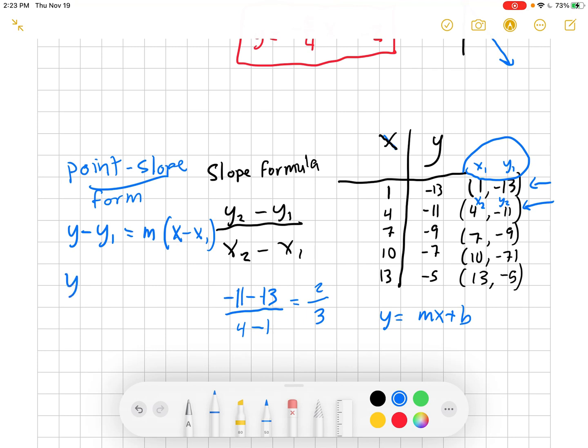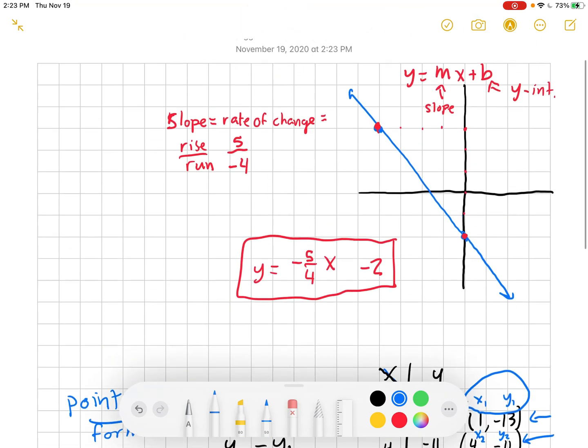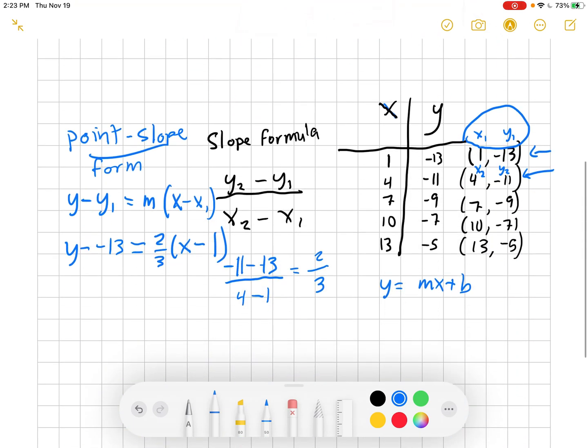It's going to be y minus negative 13 is equal to 2/3, that's our slope, times x minus 1. And I'm just going to go ahead and simplify that a little bit. Y plus 13 is equal to 2/3 times x minus 1, in parentheses. All right, that's kind of the idea for today.